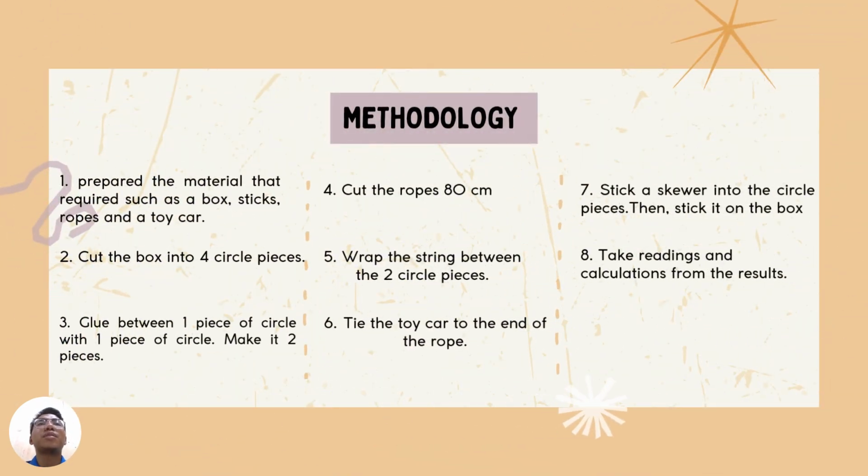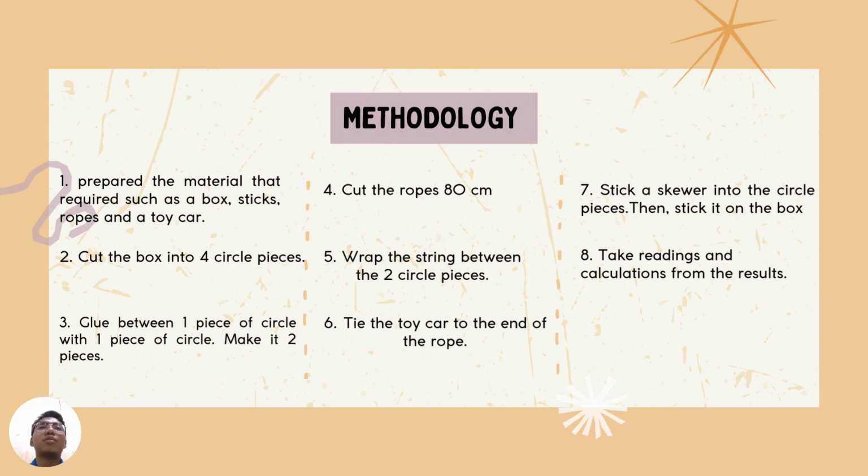This is the project methodology. One, prepare the materials required, such as a box, stick, ropes, and a toy car. Number two, cut the box into four circle pieces. Next, glue one piece of circle with another, making it two pieces.